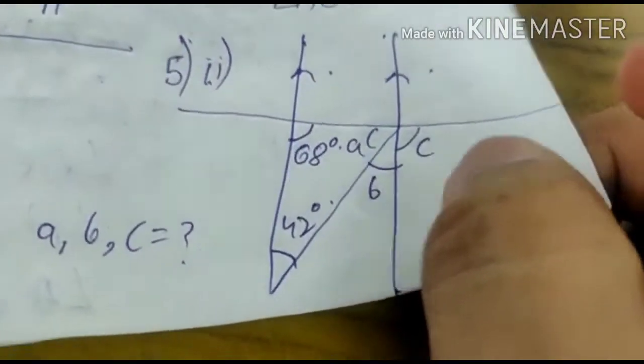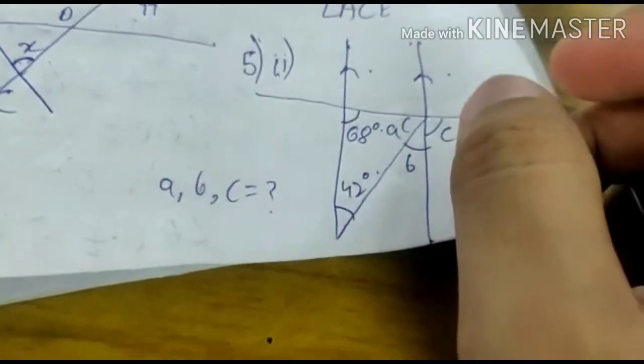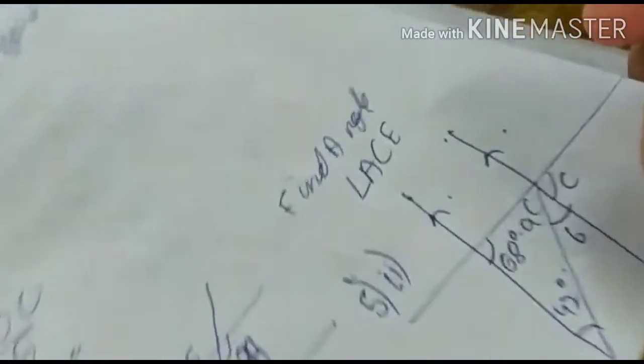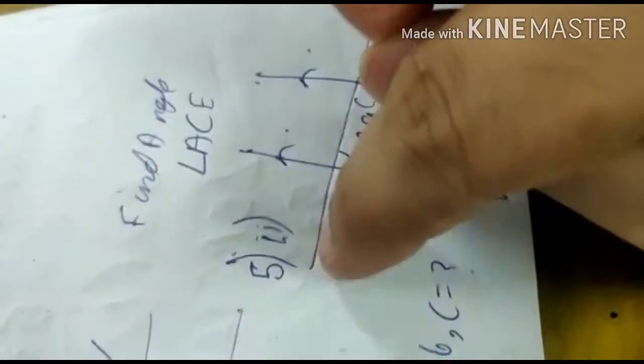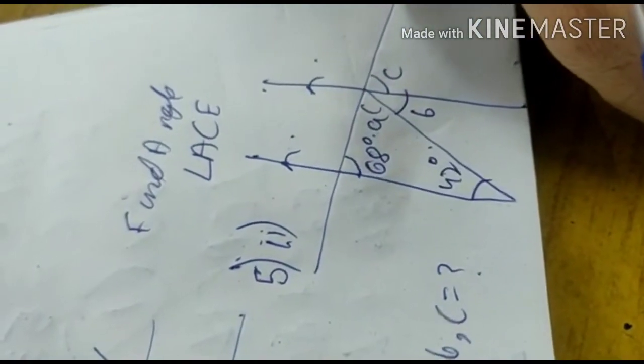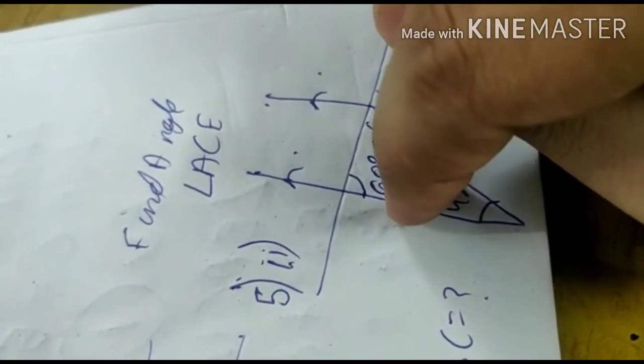Okay, our next question is this. We need to find angle CAB. If we rotate the figure and see it this way, these two lines are parallel and cut by this transversal. Here angle C and angle 68 are corresponding angles.